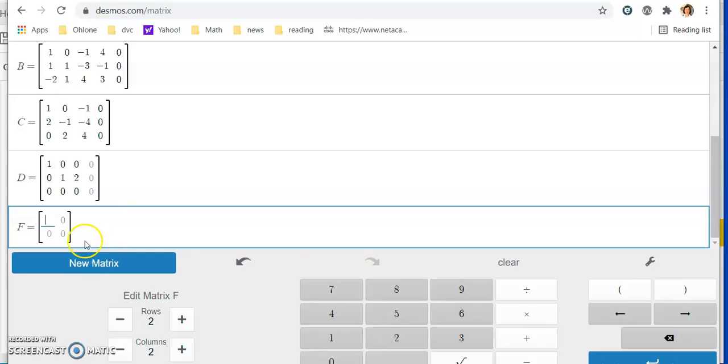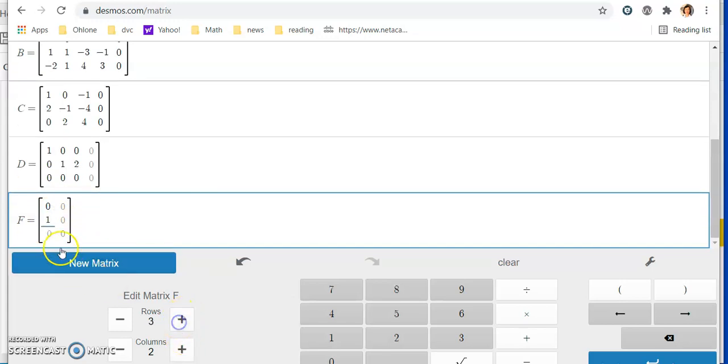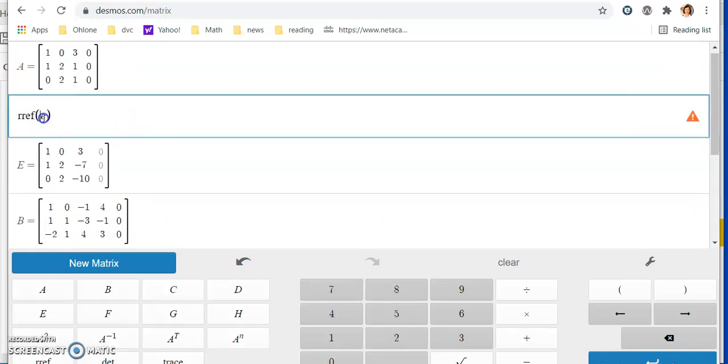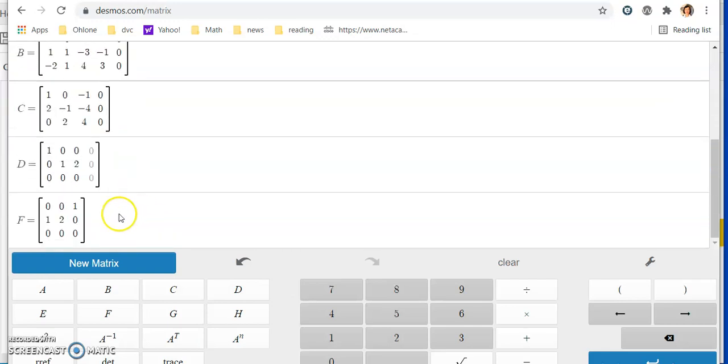So it's 0 1 0 and 0 2 0 as columns, plus an augmented column, which is 1 0 0, our v1. We want to see if it is equal to v1, and then we do a row echelon form of it.